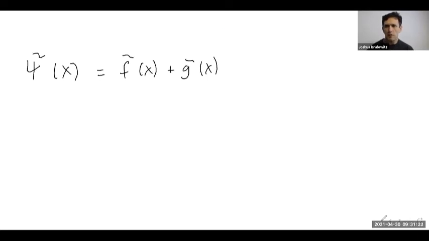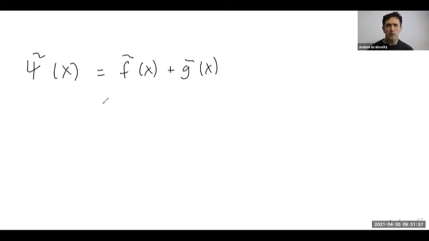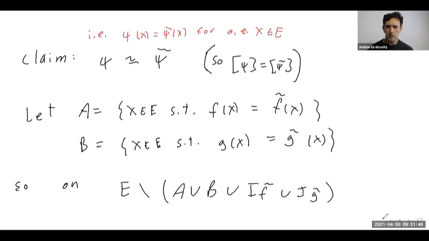Okay, but right, f equals f tilde, g equals g tilde, certainly on this set here, because we're taking away all x where that's not true. So this is going to be f of x plus g of x. Well, again, right, so actually I need to union even more.